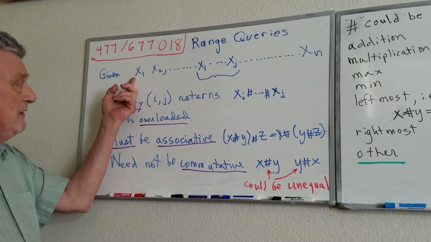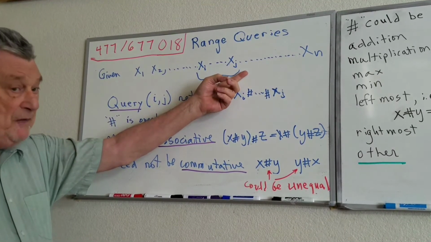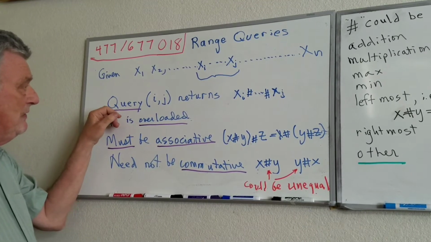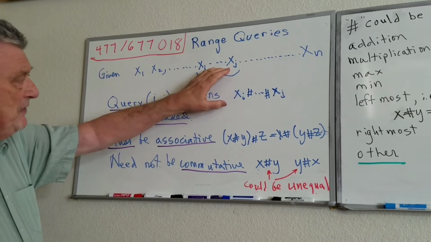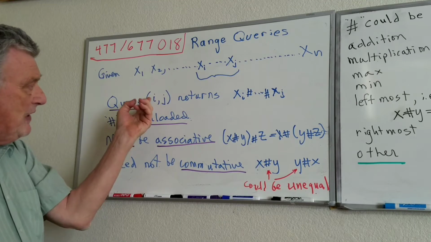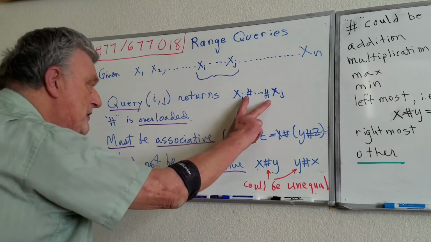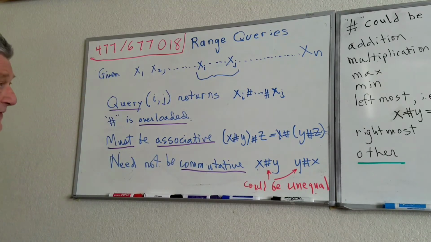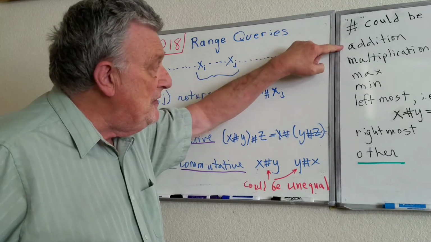We're given an array of items, whatever items there might be, and a query to that structure is to ask what the sum of all the items between i and j is for an arbitrary i and j. Instead of using the plus sign, I'm using the sharp symbol because it might not be plus. The sharp could stand for addition.